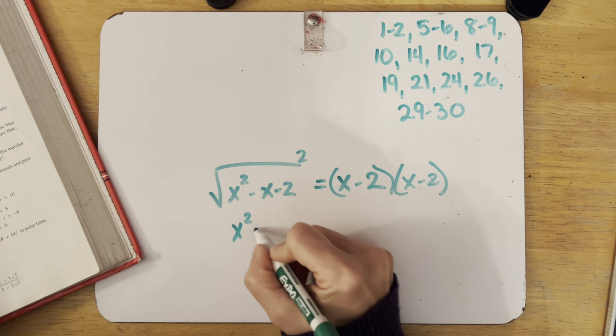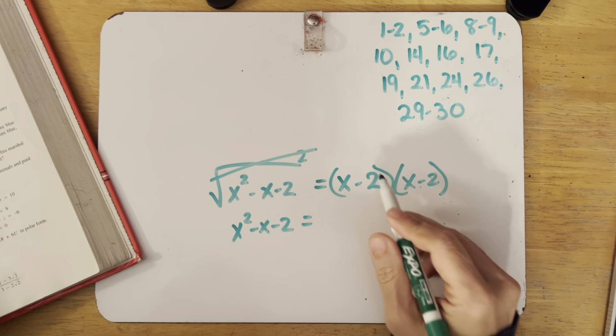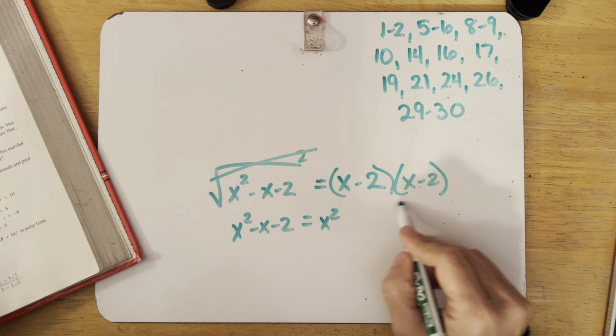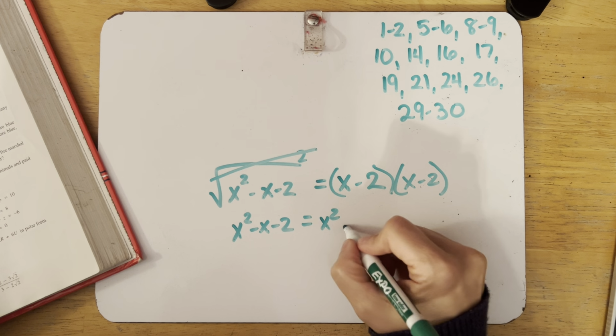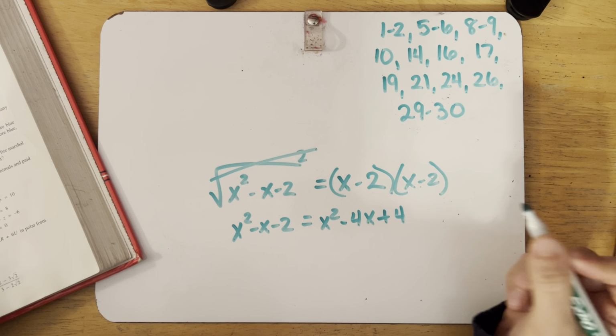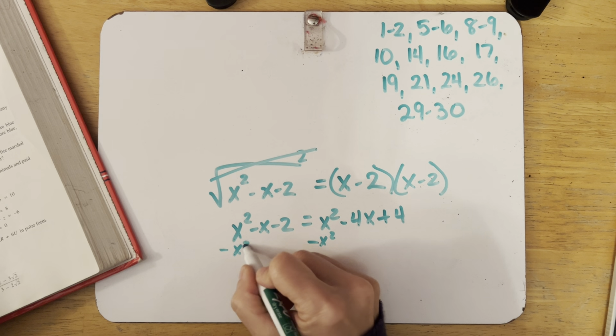So now we have x squared minus x, because the square root cancels out a square, minus 2 equals x first, x times x, x squared, outer plus inner, so negative 2x and negative 2x, minus 4x, and then last times last, plus 4. Okay, now I'm going to subtract x squared from both sides.